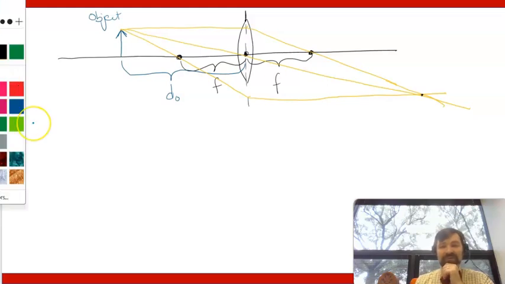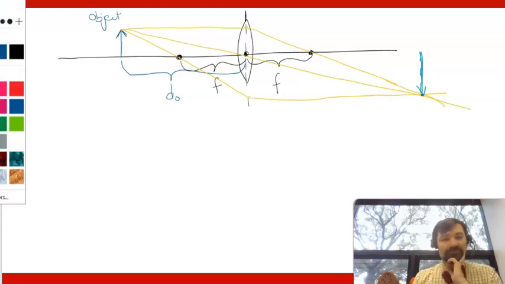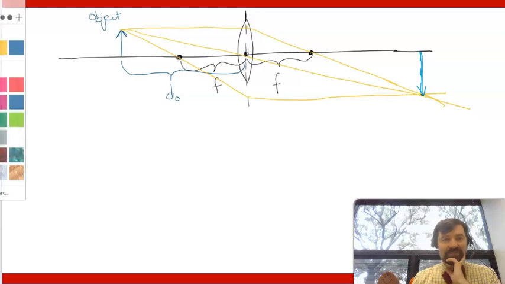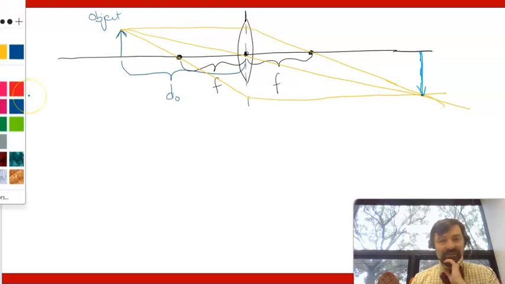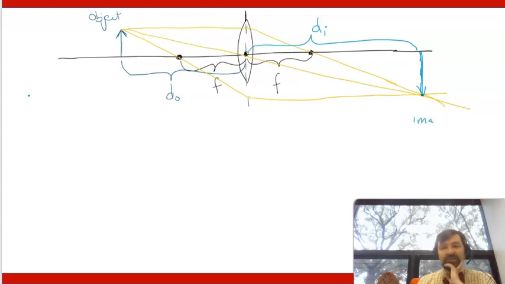But in any case, I've formed an image, which I'm going to draw in lighter blue over here. And this image is now located some distance DI away. So this right here would be DI for image distance. And so this is my image.